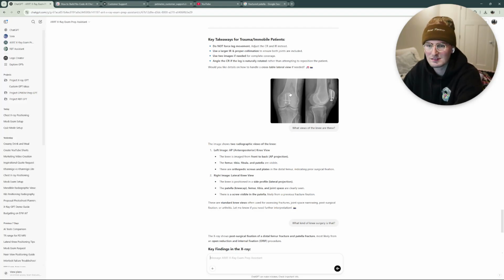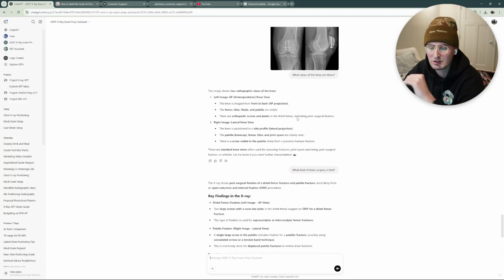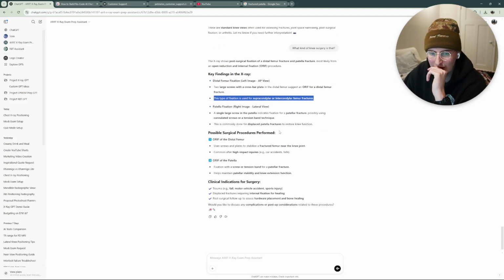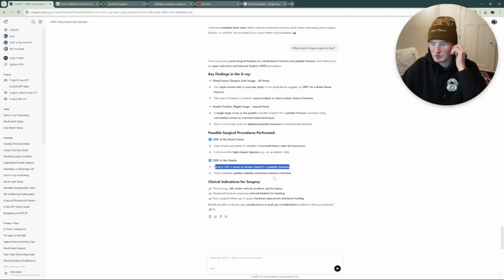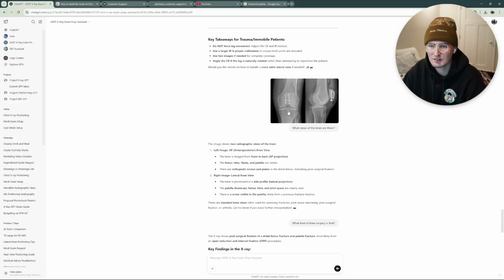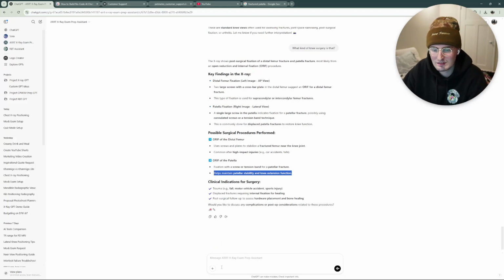I think it thinks that this is on the femur in that picture. But it's correct about this: the ORIF of the patella, fixation with a screw or tension band. So I think it got a little confused with that first picture. That's okay. Pretty accurate. Let's see what else we can do.